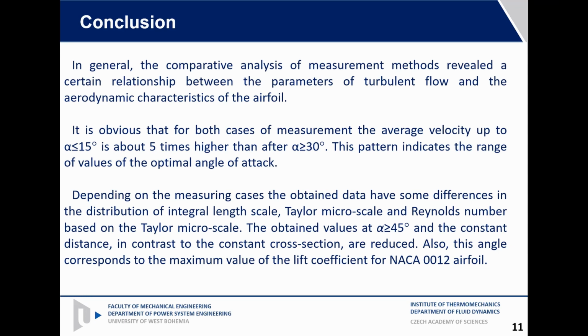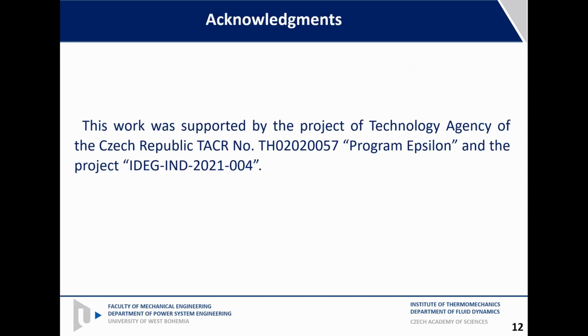In future, we plan to use more concentrated steps of our measuring, approximately 2 degrees, and to observe how the structure of turbulence depends on the measuring methodology at optimal angles of attack and different distances.